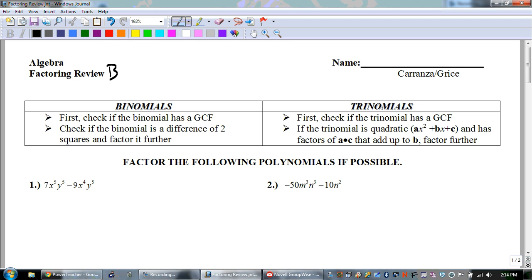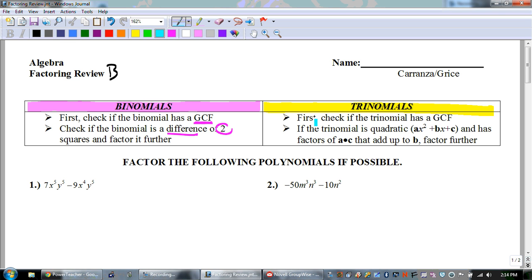Okay, so just remember, we have talked about how to factor binomials and trinomials. There are different rules for each one. If we have a binomial, first you need to check to see if there is a GCF, and then check to see if the binomial is the difference of two squares, and then factor it further.